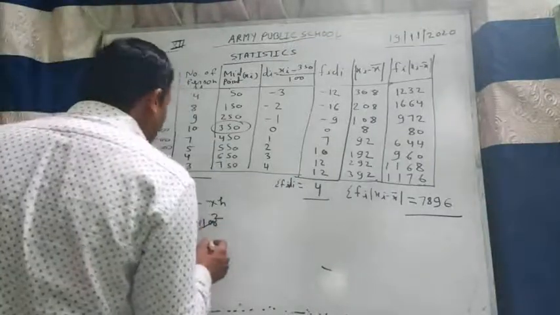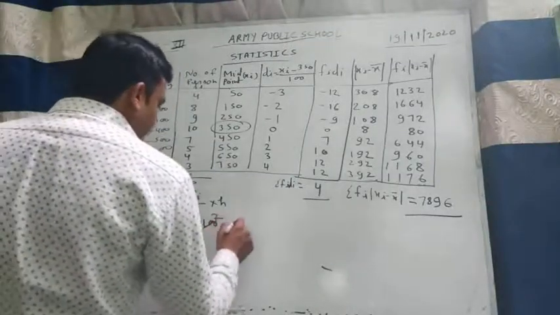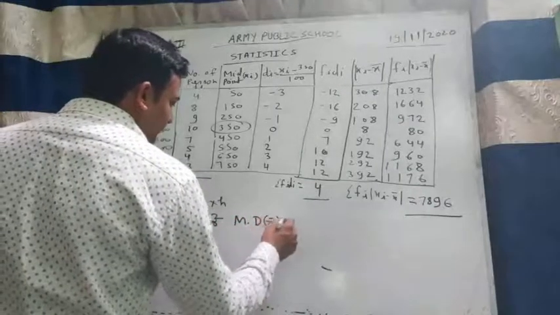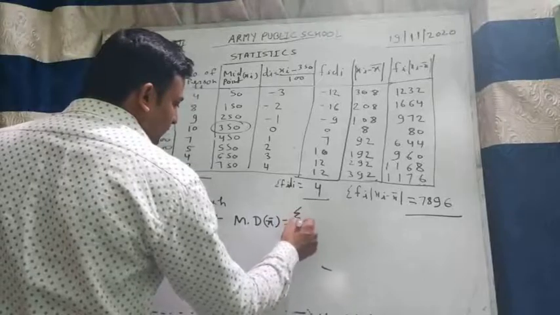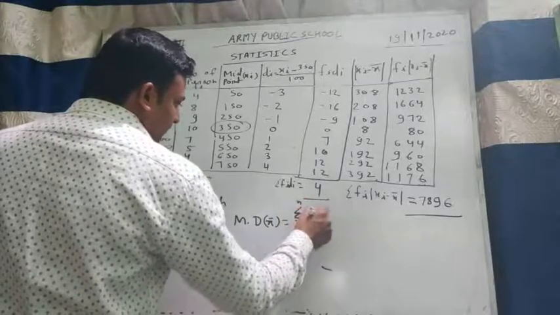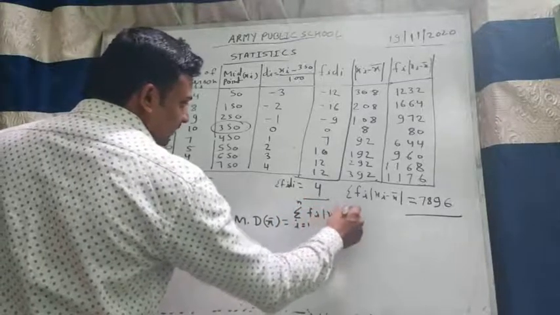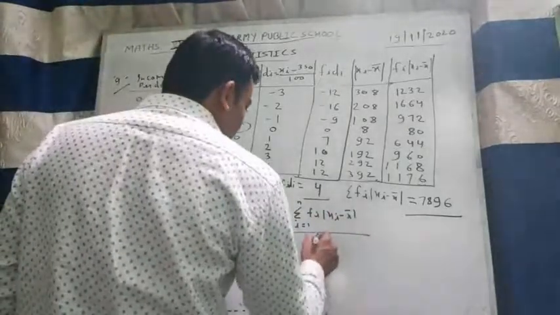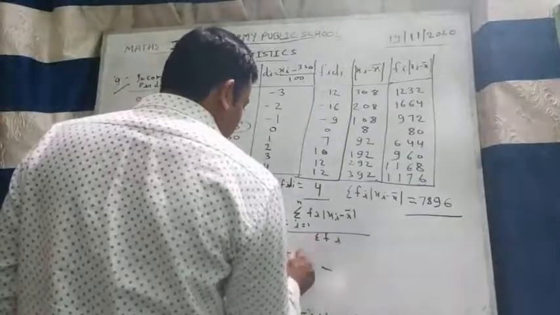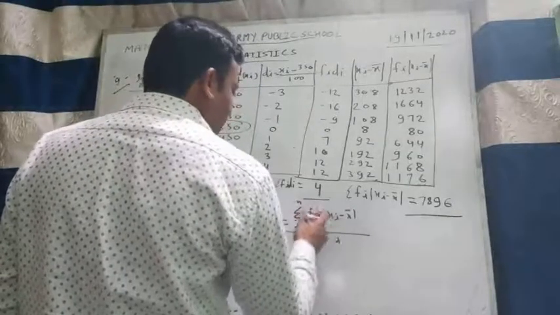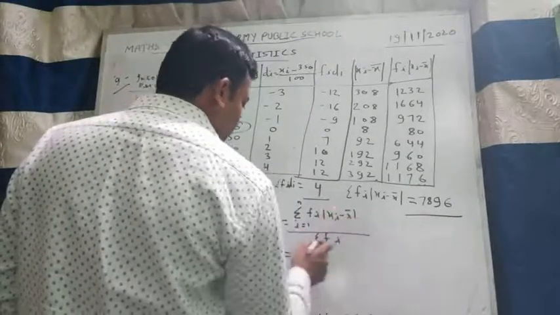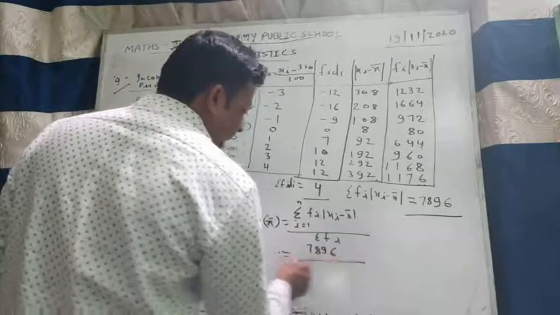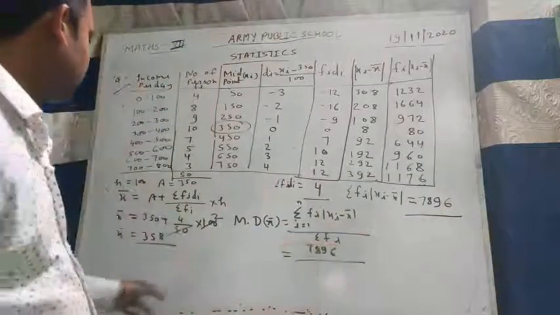Now we have to find out what? Our mean deviation with the help of mean. So it is summation i is equal to 1 to n fi modulus xi minus x bar divided by summation fi. Sum of this we get 7 8 9 6 and divided by summation fi.